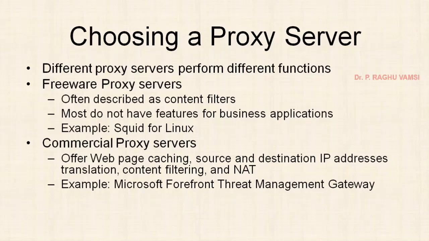Commercial proxy servers offer web page caching, source and destination IP address translation, content filtering, and network address translation. Example: Microsoft Forefront Threat Management Gateway. This is a proxy server that you can use with Microsoft servers, that is Windows 2008 server or Windows 2016 server.